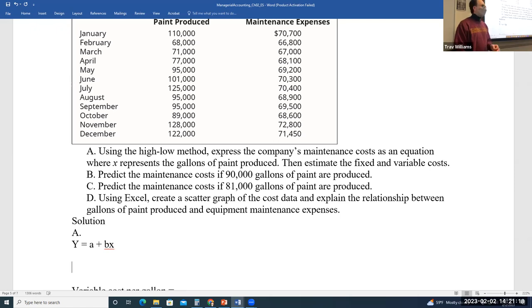Okay, so it's actually November and February, right? We take the difference in costs divided by the difference in activity. The costs are under maintenance expenses. The highest month, as Elvie said, was November, and the lowest month is February.